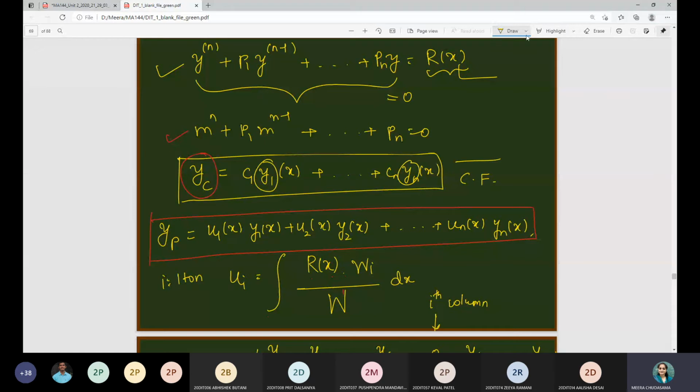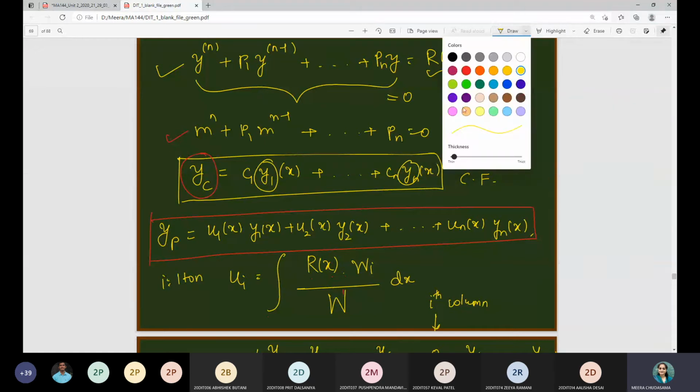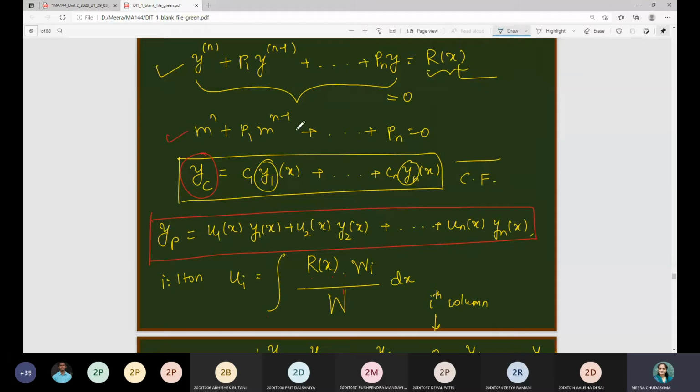Suppose any non-homogeneous equation is given, in that case you are first asked to write down its auxiliary equation by taking the homogeneous part and find out its roots. From those roots, consider the solution. We will call it the complementary function. The complementary function will involve n many functions y1, y2, up to yn if your differential equation is of nth order.